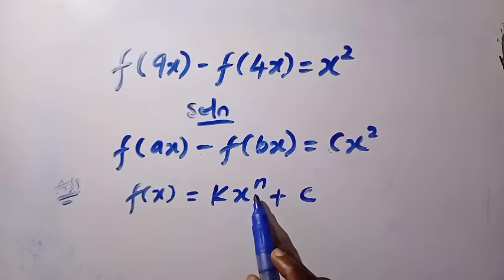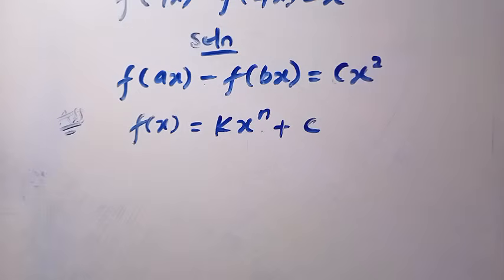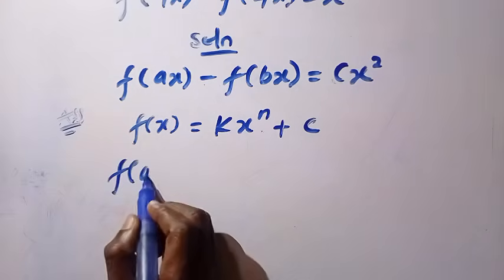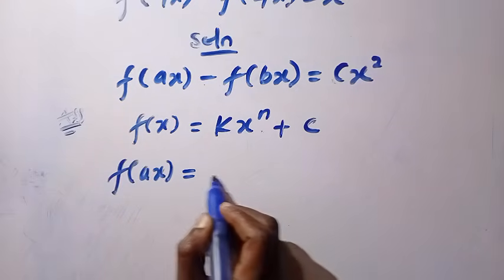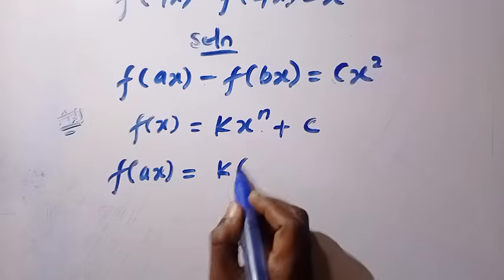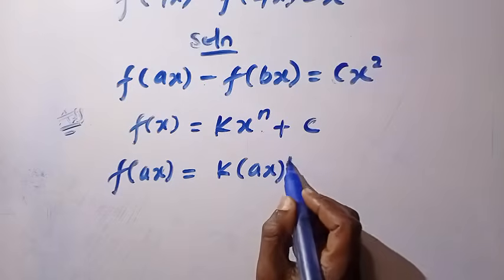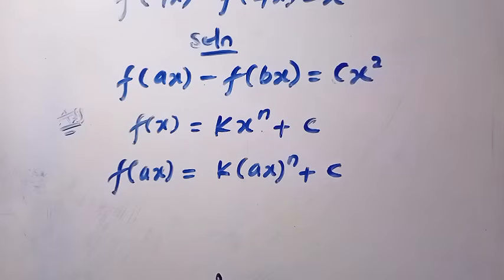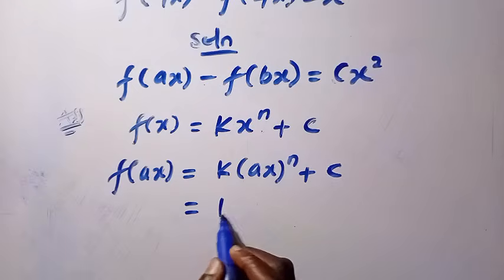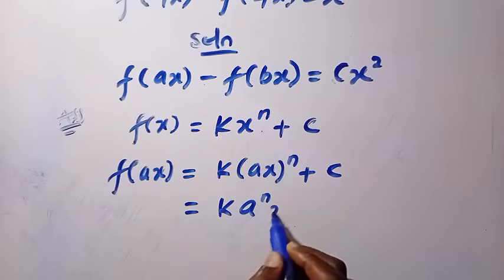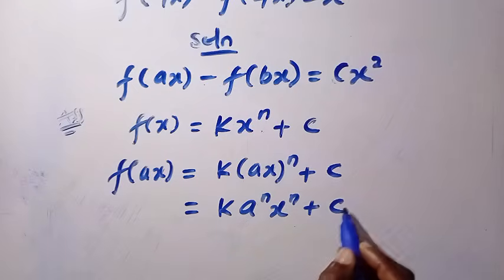It can be positive, it can be negative. Since we have ax, if I try to plug in ax and bx, we have f of ax equals k into bracket of ax raised to the power n plus c, which gives us k a raised to the power n x raised to the power n plus c.